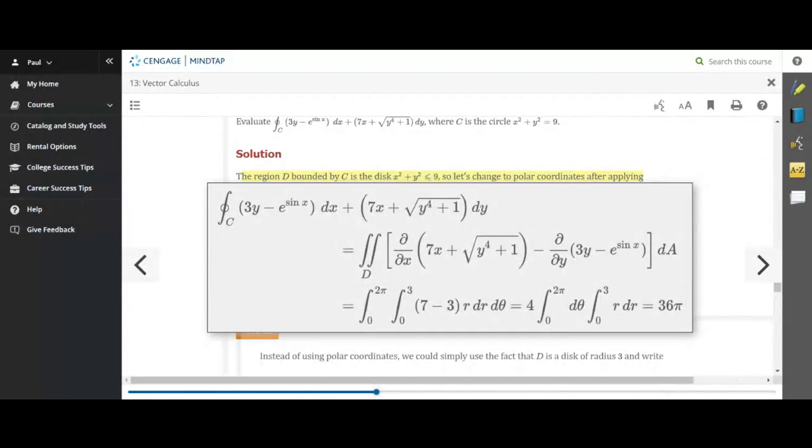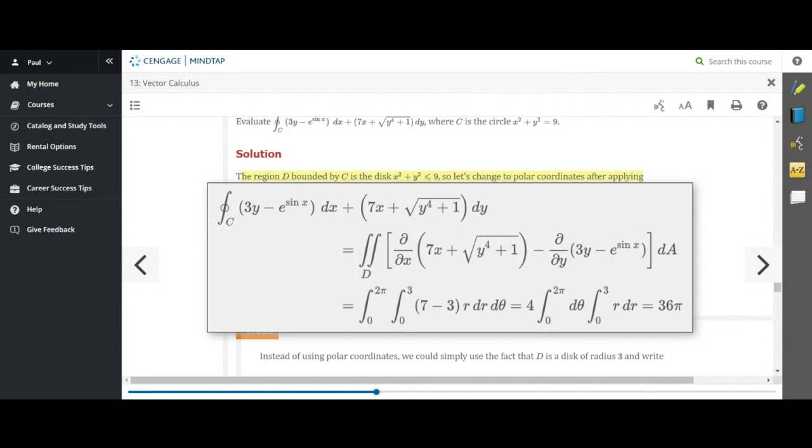They first of all, well, let me see here. Hold on. Okay, so in the second line, the double integral over the region D, the first partial derivative with respect to x would equal 7, right?